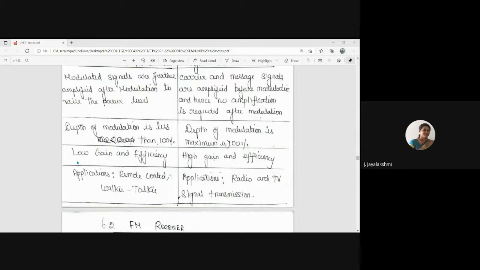And low level, of course, the name itself says it deals with low power levels. So obviously the gain will be low and efficiency is also going to be low. Whereas here it is going to be high gain and high efficiency. The application of low level is in the remote control, which we use for our television, video game gadgets, all these things use low level.